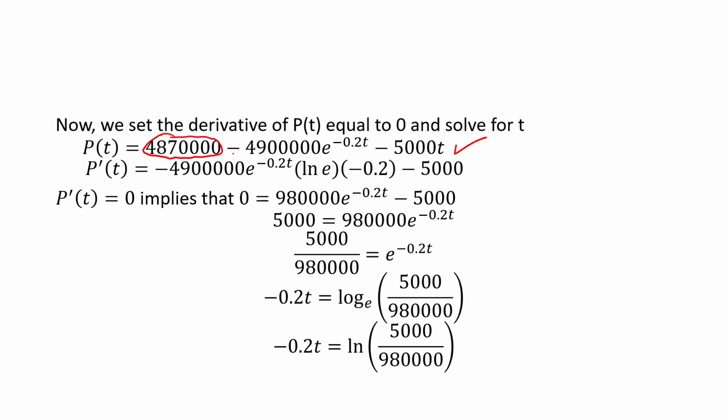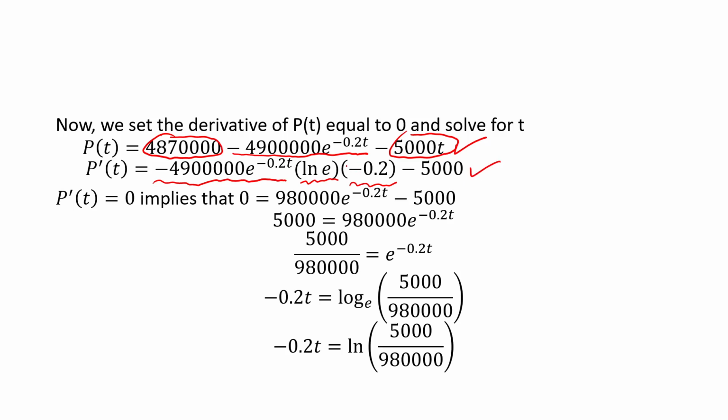The derivative of negative 4,900,000 e to the negative 0.2 t is negative 4,900,000 e to the negative 0.2 t times the ln of e, because that's the base of the exponent. We know the ln of e is 1, times the derivative of the exponent. Now the derivative of negative 0.2 t is negative 0.2. Finally, the derivative of negative 5,000 t will be negative 5,000.